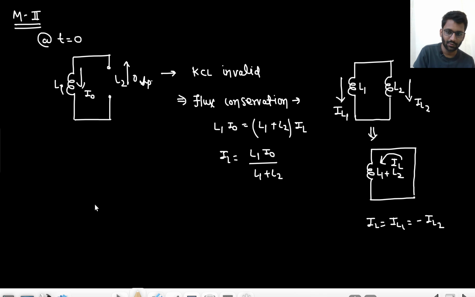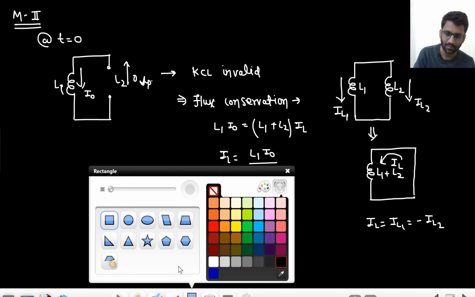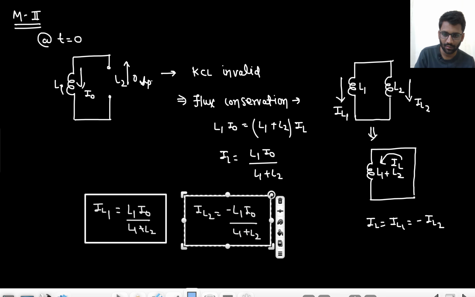So from here we get IL1 equals L1 I naught upon L1 plus L2, and IL2 equals minus L1 I naught upon L1 plus L2. Okay, understood?